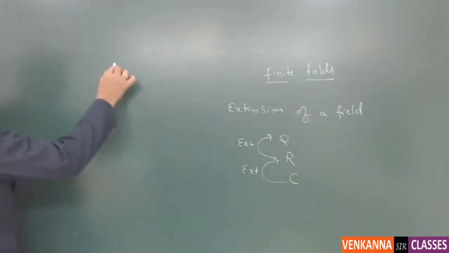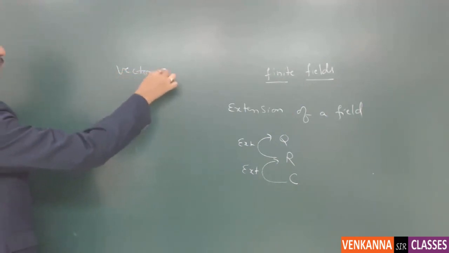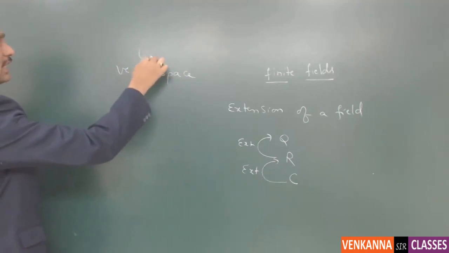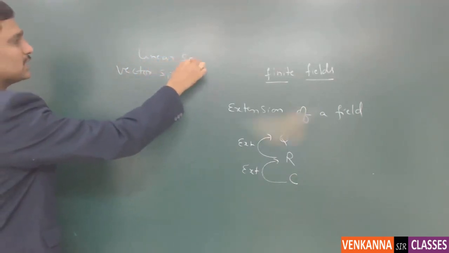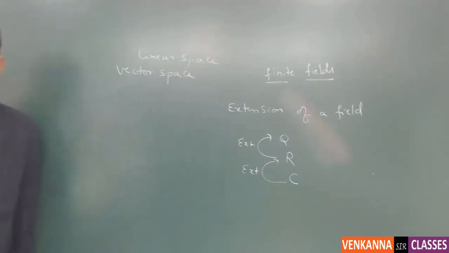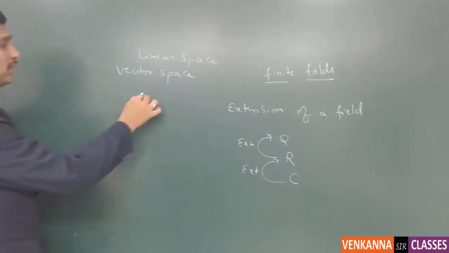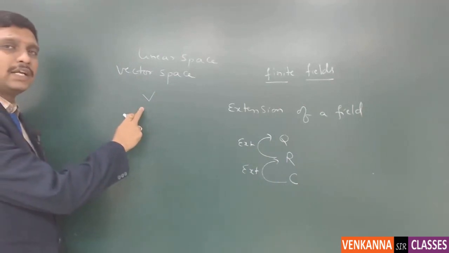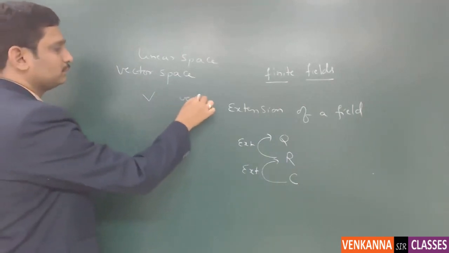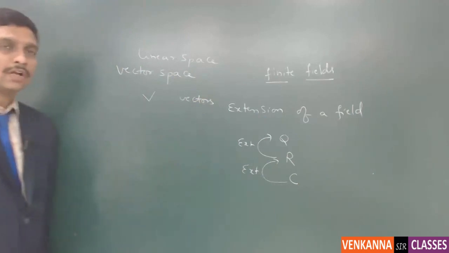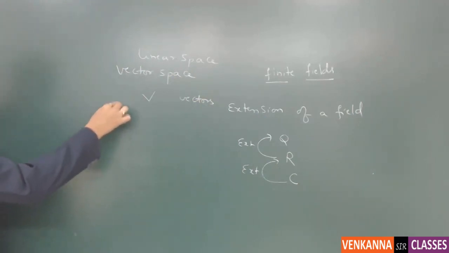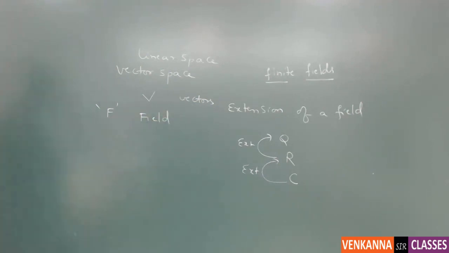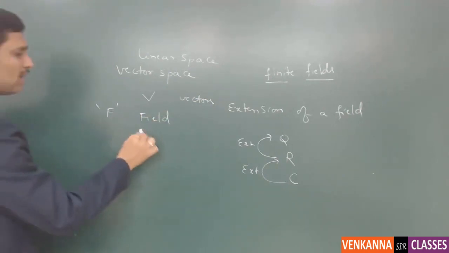If you take the concept of vector space, this we also call a linear space. You take a set V, the elements in it are called vectors. And we take a field F, and elements in the field are called scalars.